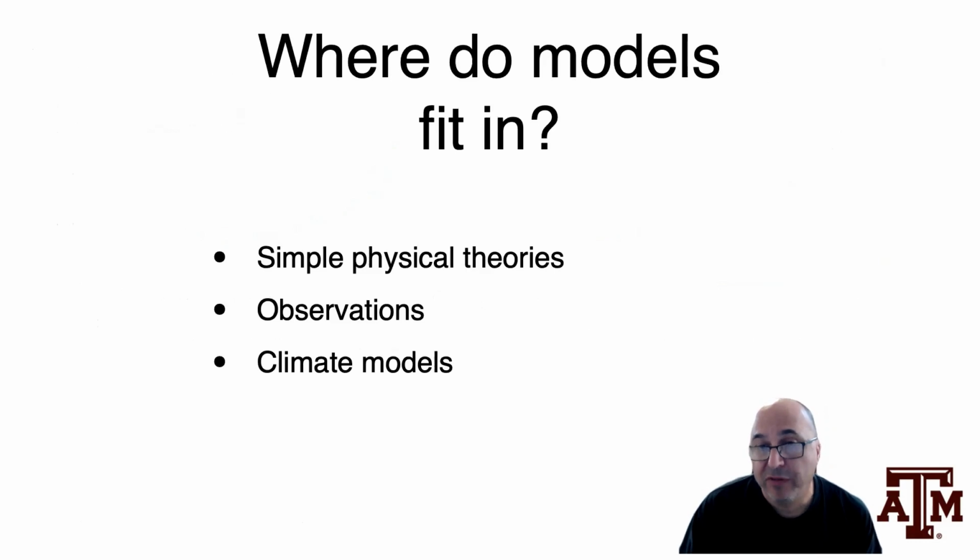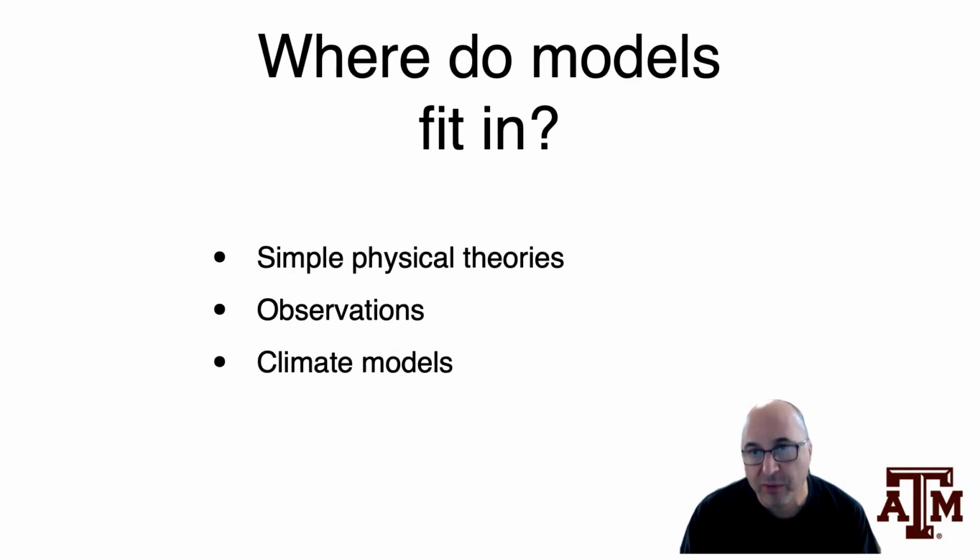So where do models fit in? One of the things I want to make sure is clear is climate science is not just climate models. There are people that actually believe that's the case, and that is absolutely not the case. Even though I've talked about climate models in this talk, I want you to be clear that climate models are just one part of the evidence we use to understand climate change.